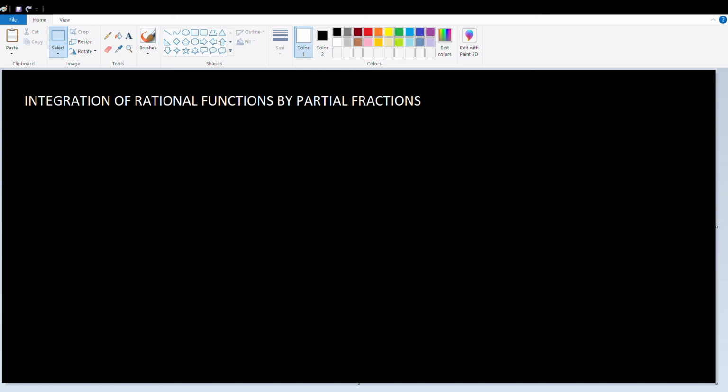We discuss the integrals of rational functions that are evaluated using partial fractions. So the idea is to break down a rational function into several partial fractions. For example, you have a polynomial over another polynomial.